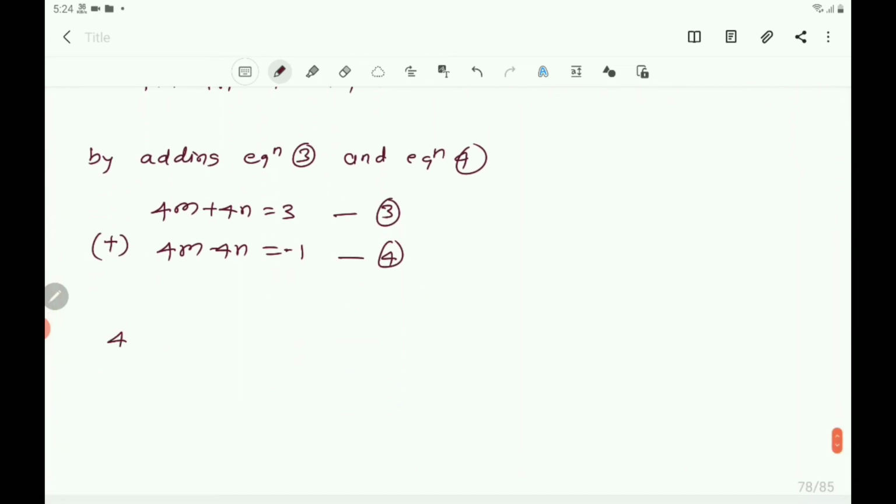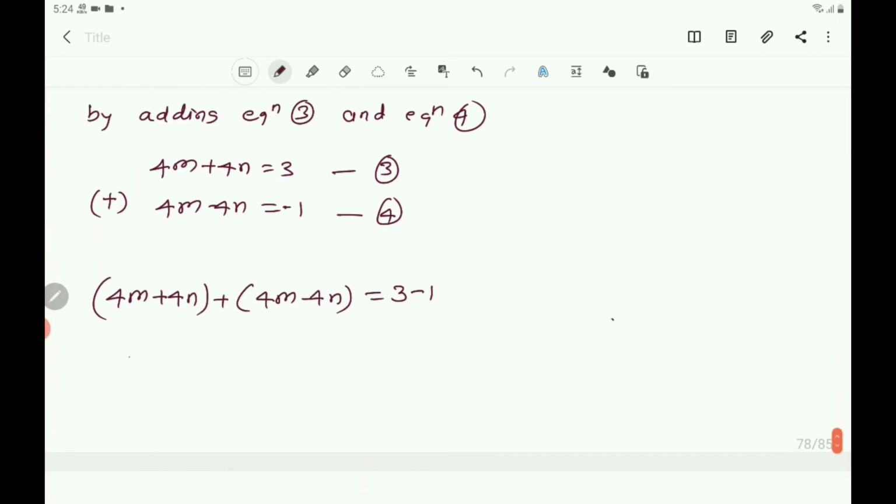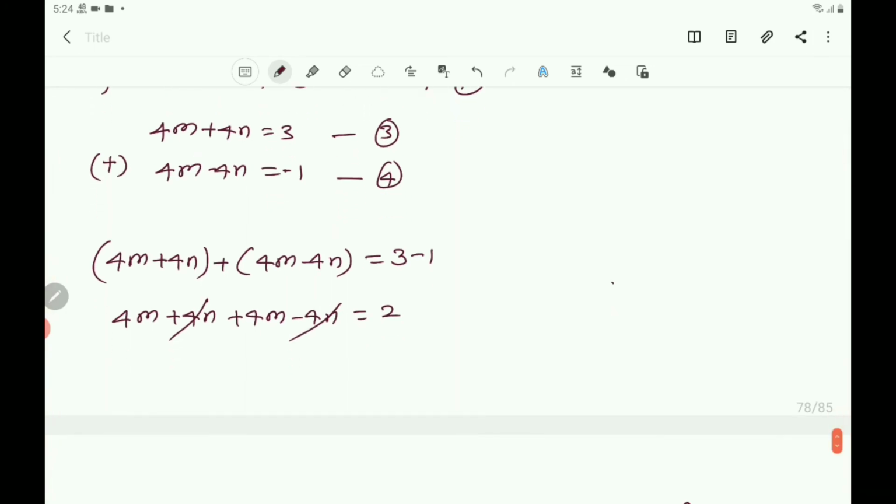Then it becomes 4m plus 4n plus 4m minus 4n equals 3 plus minus 1, means 3 minus 1. Then open the bracket here. 4m plus 4n plus 4m minus 4n equals 3 minus 1 is 2 here. 4n minus 4n cancels. So it is 8m equals 2.